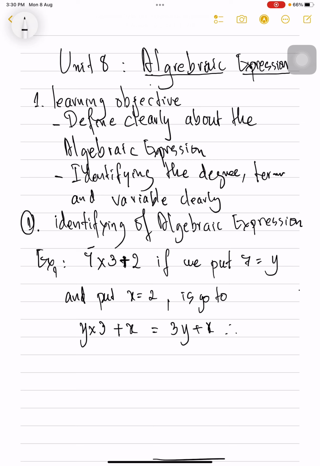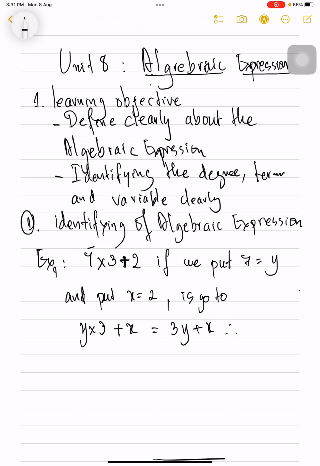And 3 we call the number or constant that multiplies y plus x. So the full expression is called the algebraic expression because we combine them, as I said above.